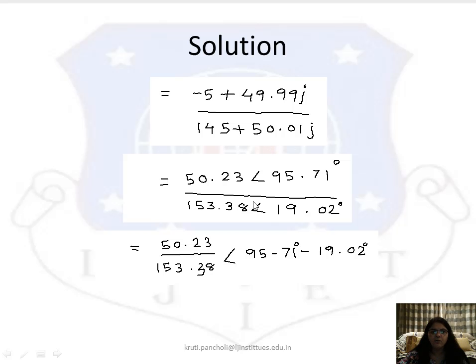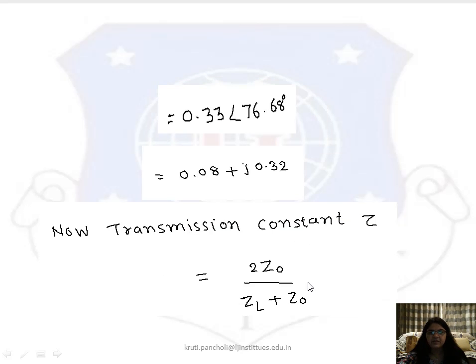So you have the polar form, A angle B, C angle D. So it is A divided by C, and B minus D. So it is 50.23 divided by the denominator magnitude, and the angle is 90.71 minus 19.02.